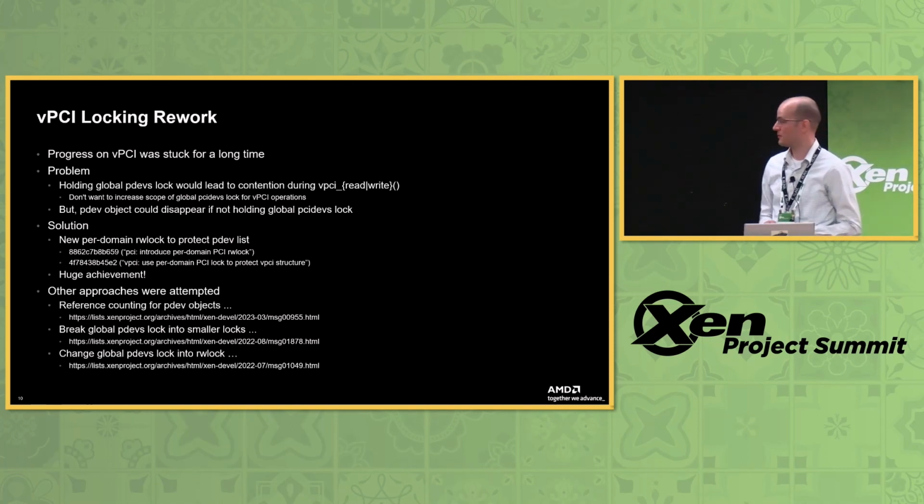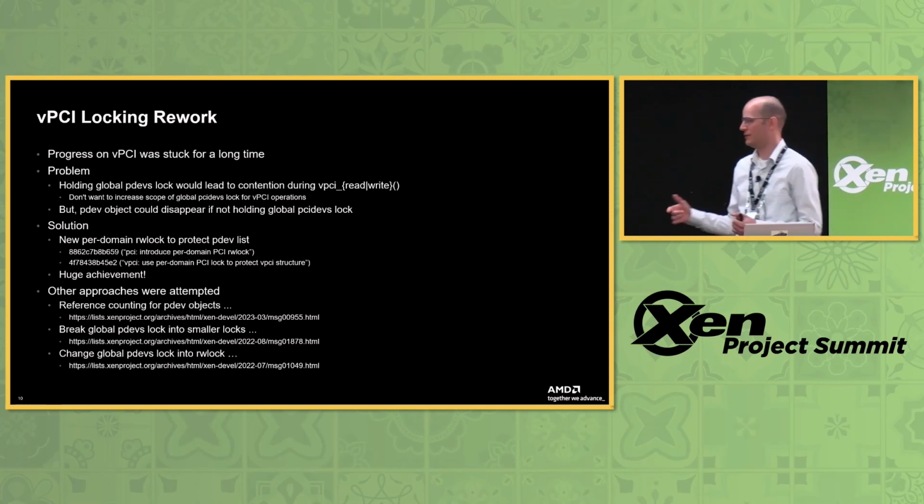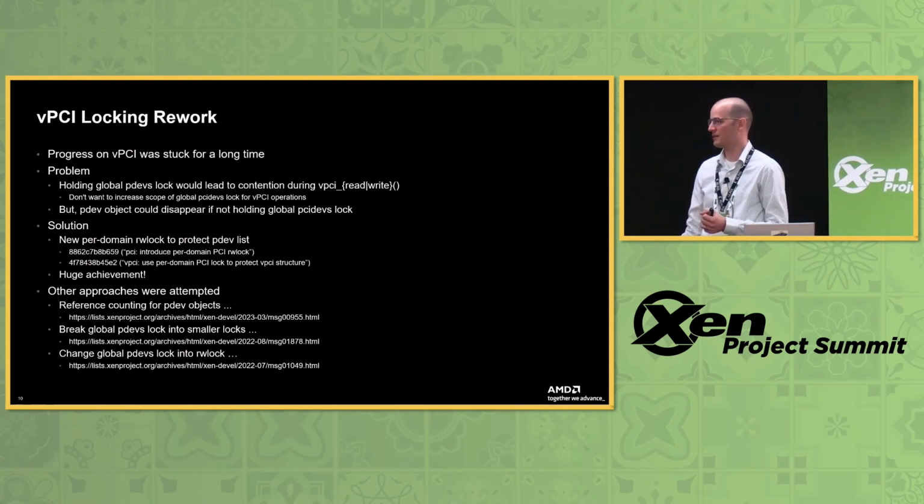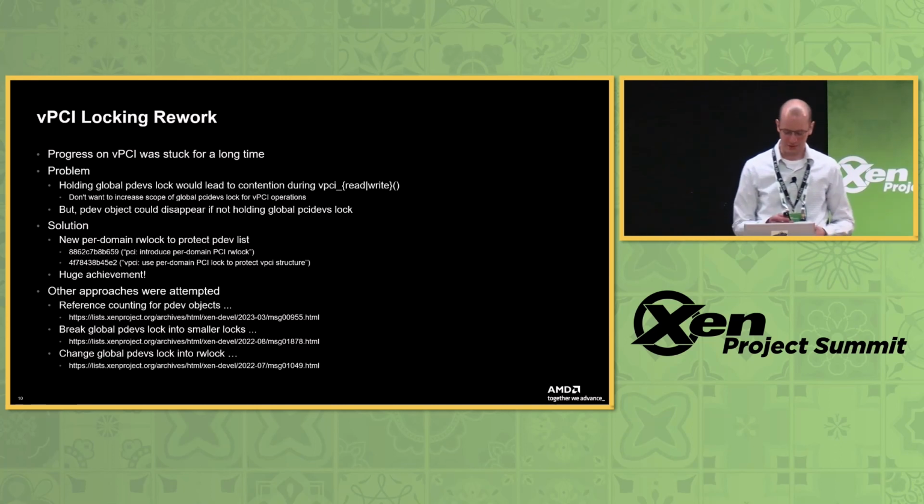There were some other approaches that were evaluated, attempted in a way, including reference counting, breaking the global lock into smaller locks, or changing the global pdevs lock back into an RW lock, which, anyway.